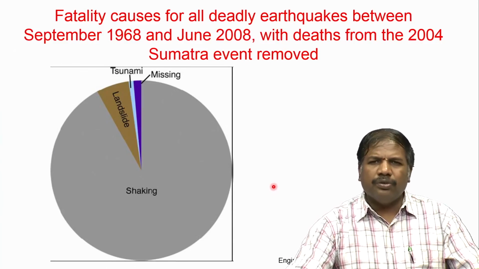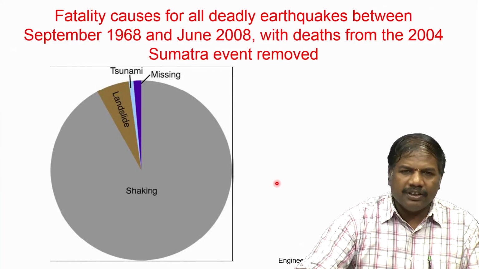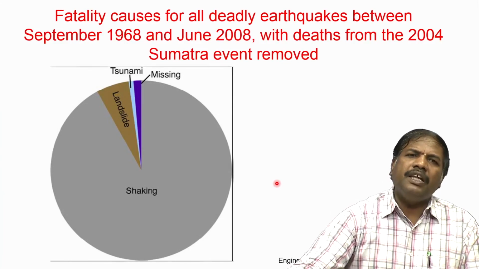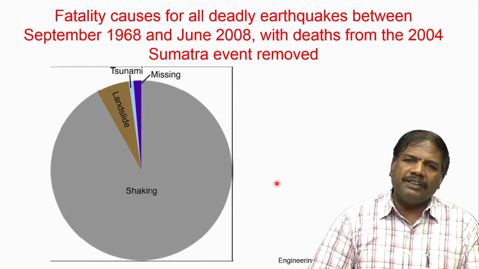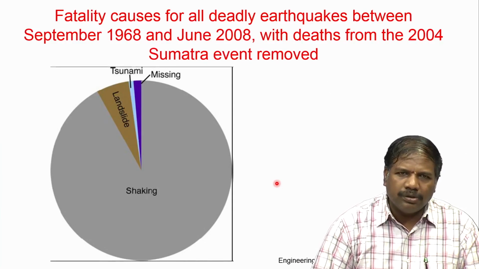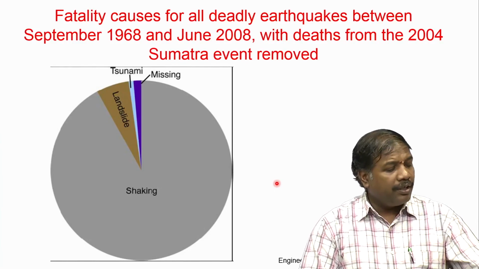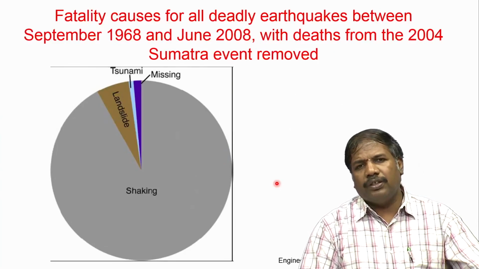If you remove the 2004 tsunami event, which was a large number, you can see that close to 80% of the hazard is caused by the shaking. The remaining major portion is landslide, then tsunami and missing. So, this is including 2004 and excluding 2004.